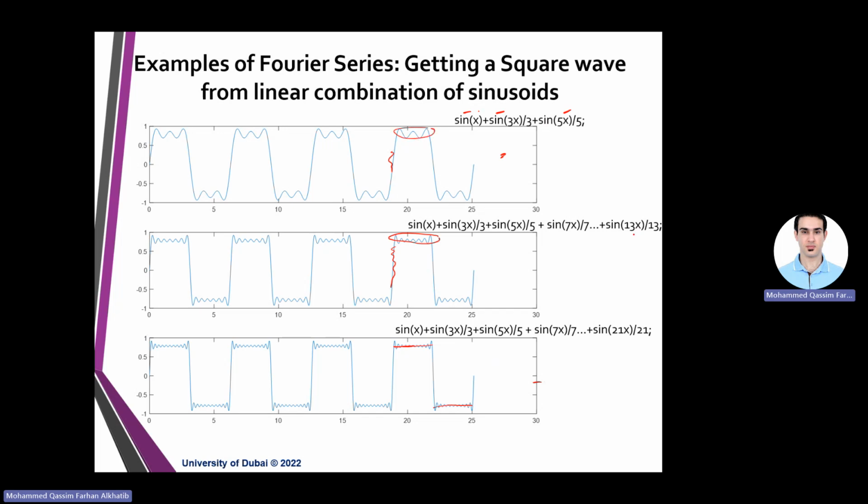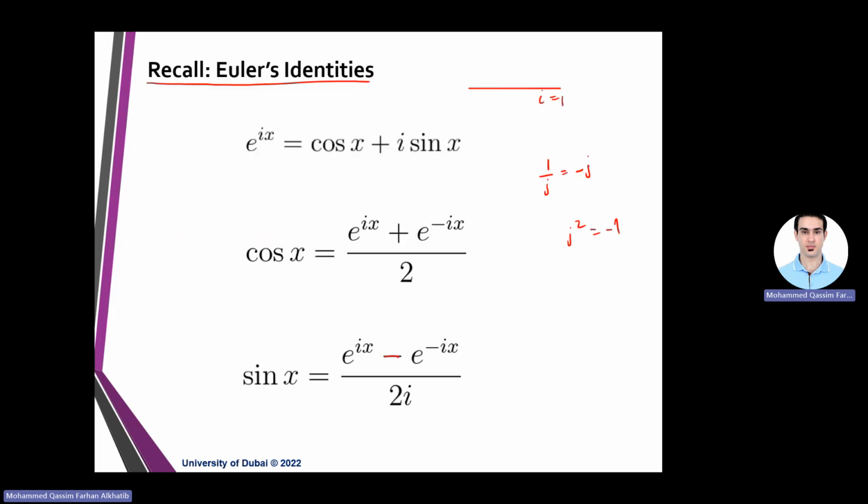And if you add more, up to 21, you will get an even sharper transition and a smoother peak, or less fluctuations on top. So imagine if you have up to 100 or 200 terms, at some point you will get a perfect rectangular waveform. All right, so how to get this?